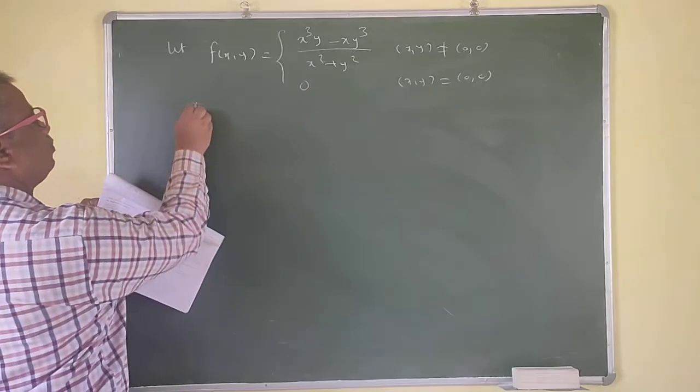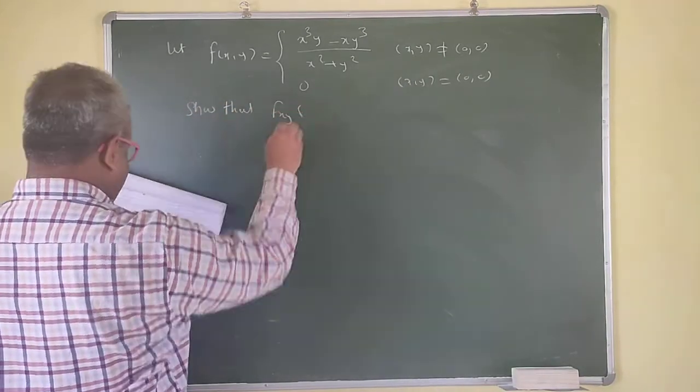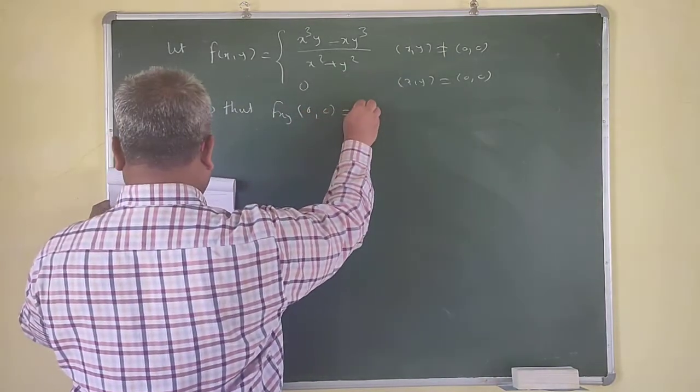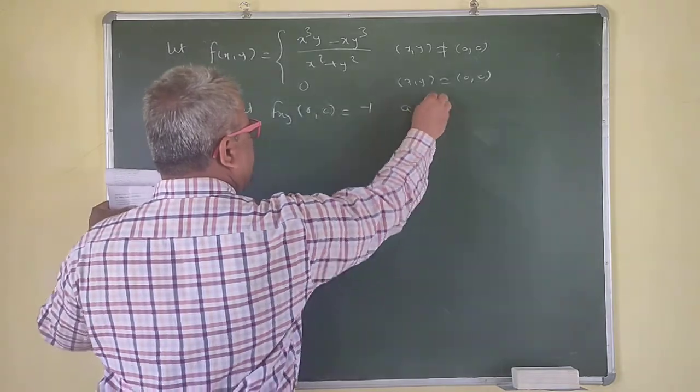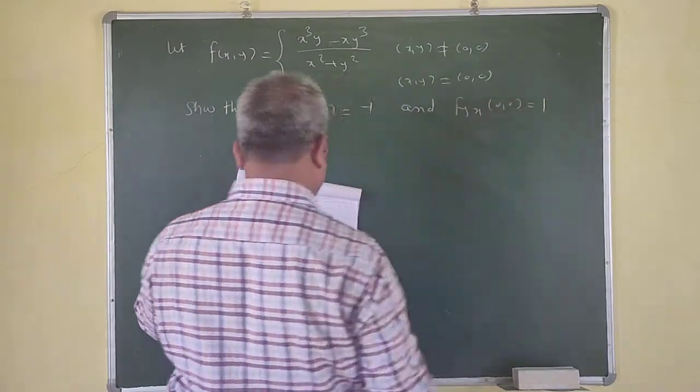Show that fxy(0, 0) is equal to minus 1 and fyx(0, 0) is equal to 1.